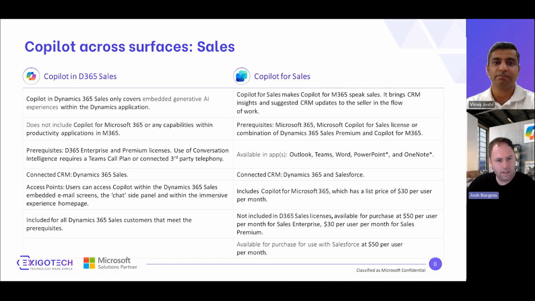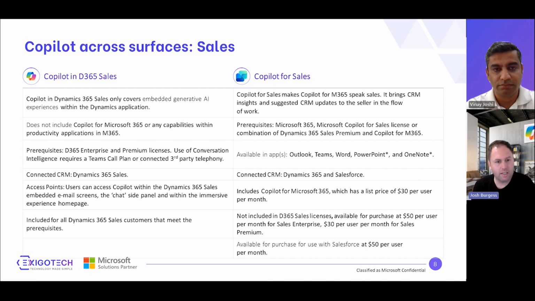Awesome. So just digging in a little bit deeper in terms of some of the differences here. If you're used to using D365 Sales, you might have played around with the Copilot which is already baked in. There are some key differences between the Copilot experience you get within D365 Sales and Copilot for Sales.